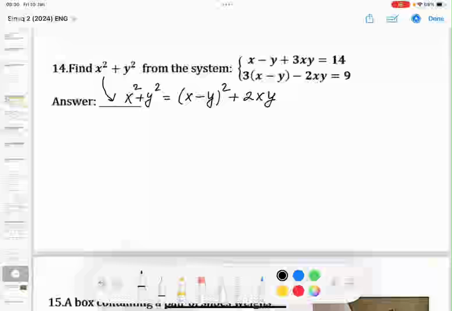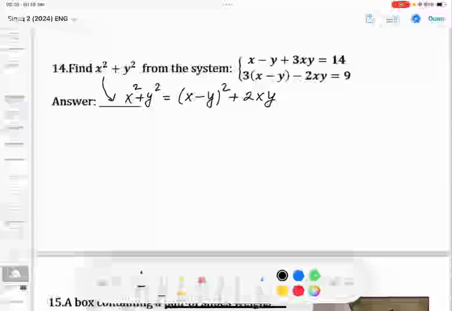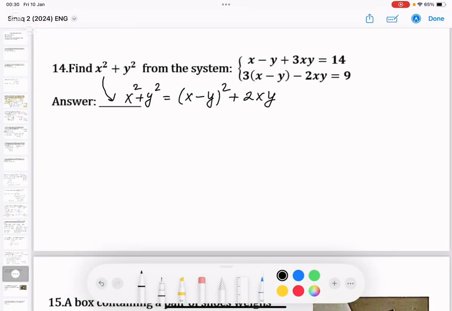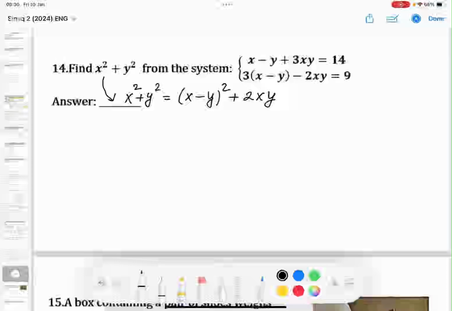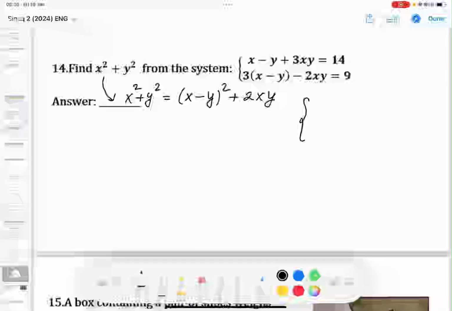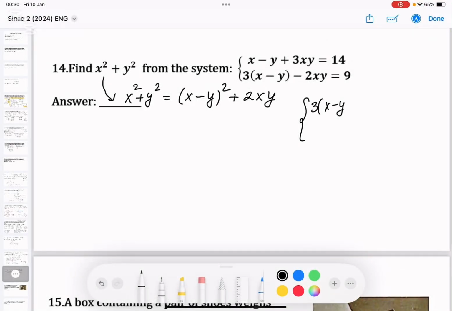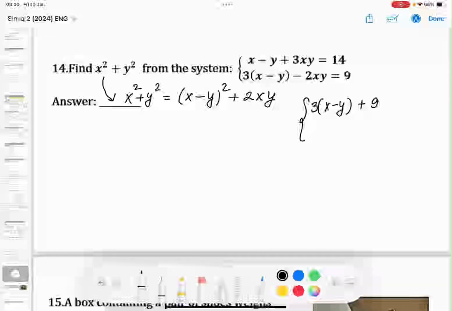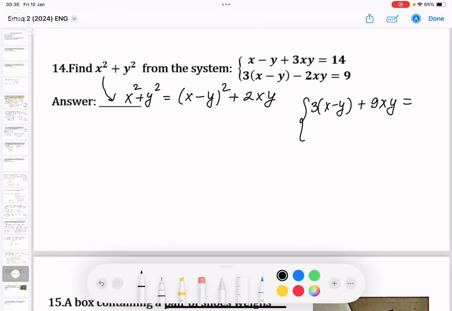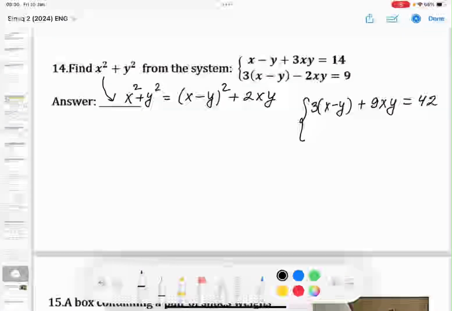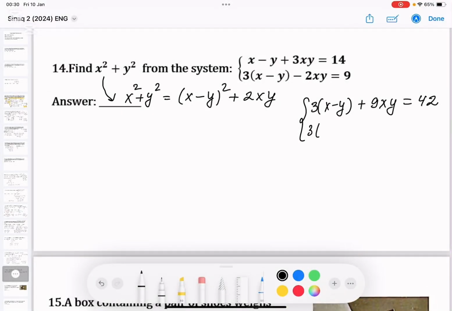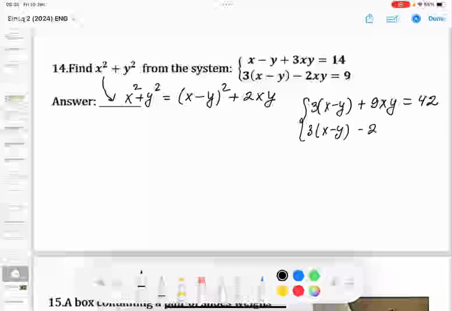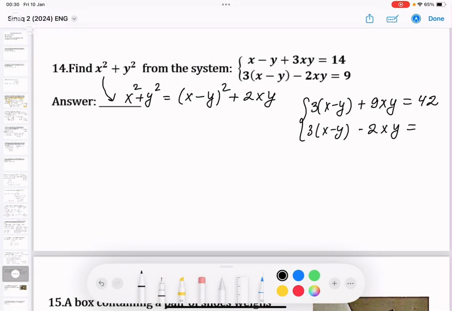We can multiply the first equation by 3. Let's do this. Let's see what it's going to give us. So x minus y times 3 plus 9xy times 3. What is that? 42. Then we have 3x minus y minus 2xy equals 9.